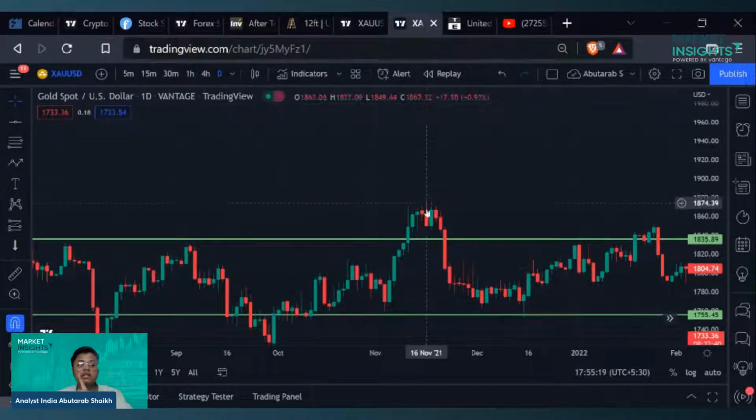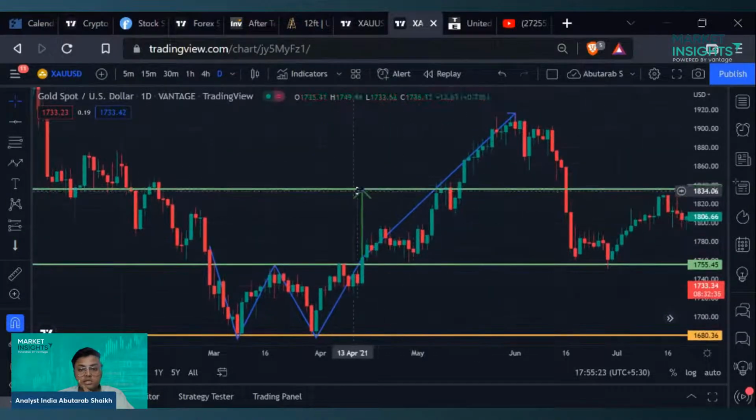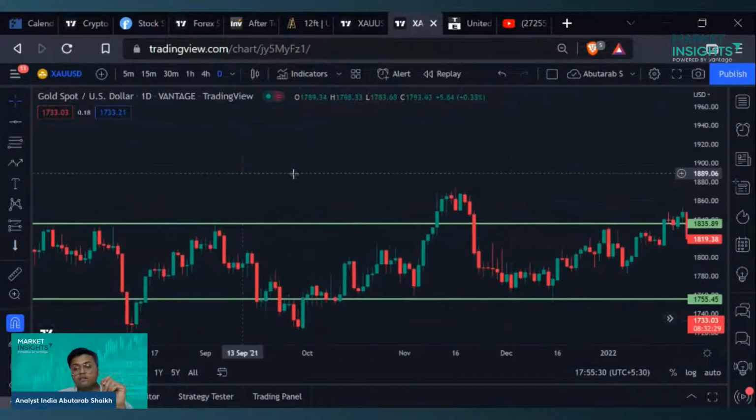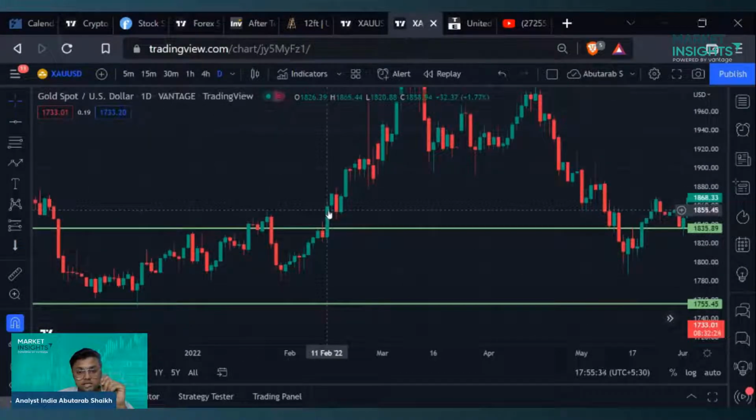How one single line which I have drawn at what point, sir? This point, sir. At what time? 16th April of 2021. Where are we going with this? Up till what time I'm going to get this resistance is 11th February 2022.